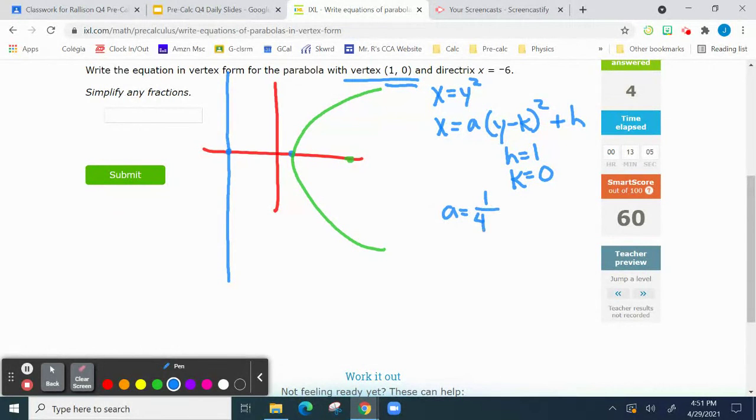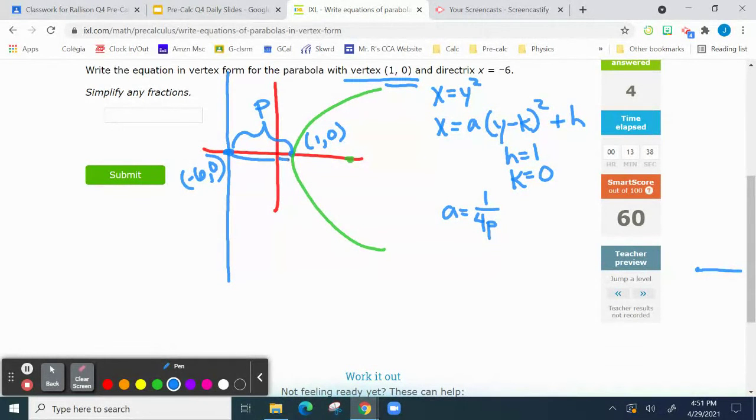So a equals 1 over 4p. And what is p? p is this distance right there. If this point is (1, 0) and this point is -6, and I'm putting 0 in just because we're considering that point only, that's 6 here and 1 here, which makes 7.